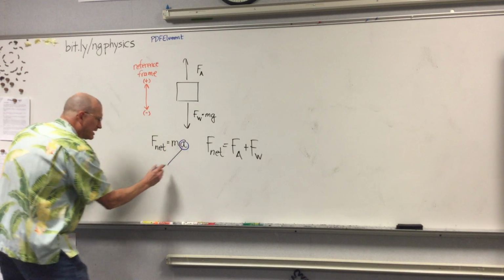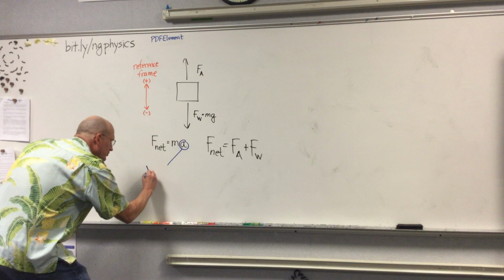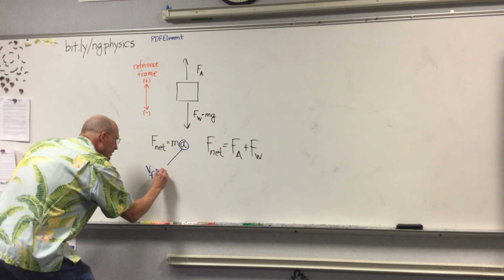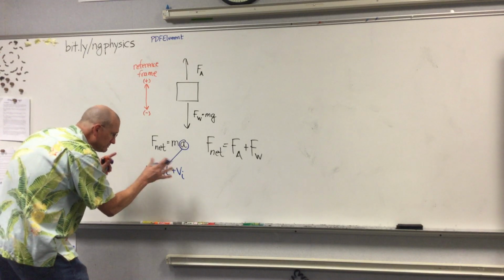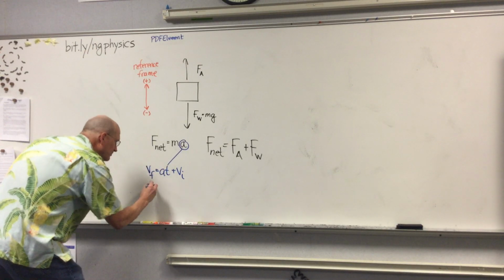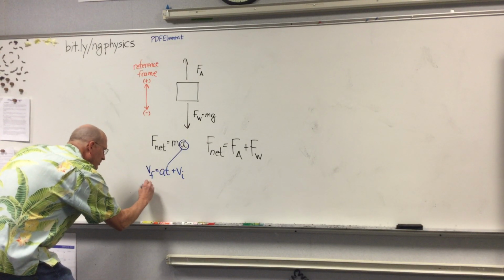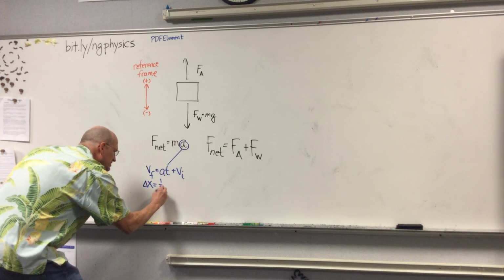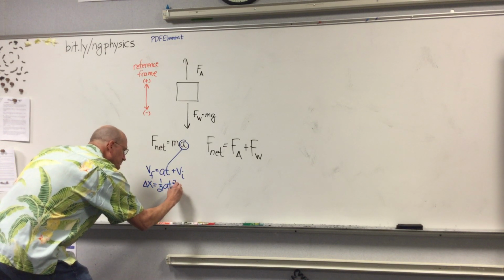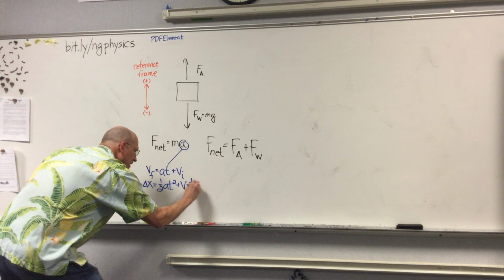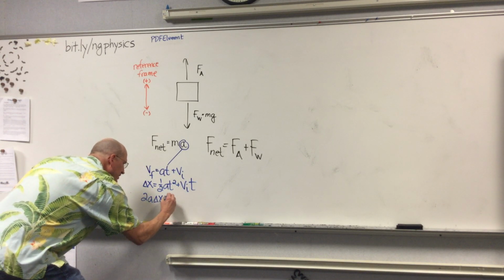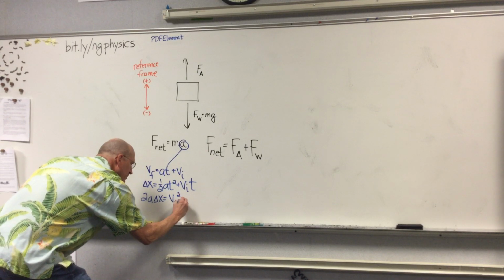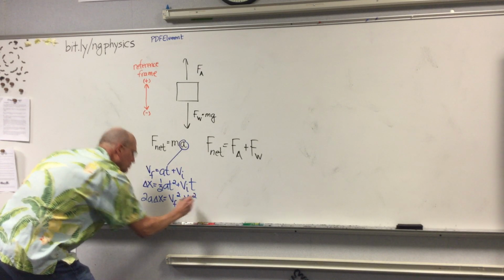This a can be tied to our acceleration equations if we need to go there. It's kind of optional because it depends on how elaborate the problem is that they are giving us. And the last one is 2a delta x equals vf squared minus vi squared.